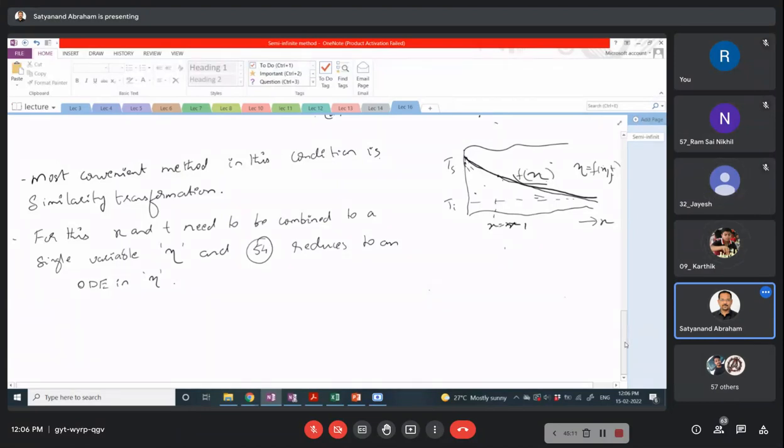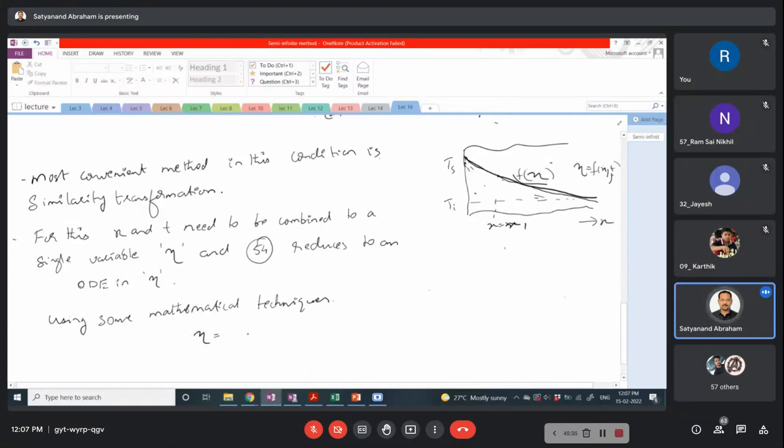Very good. So that's what we are going to do now. Now it is all mathematical. We are not going to see how we derive this eta; we can say we are using some mathematical techniques.